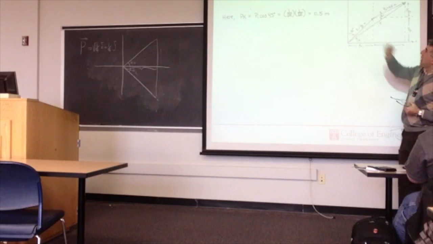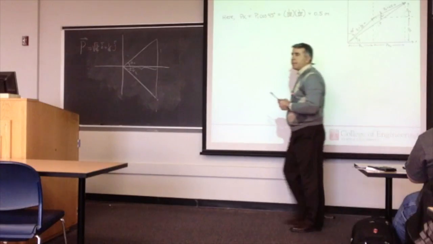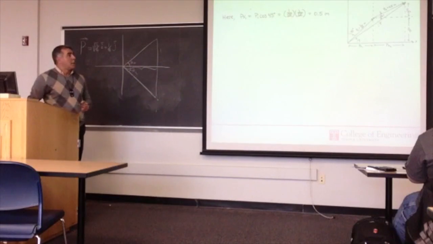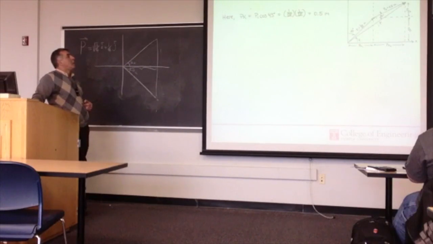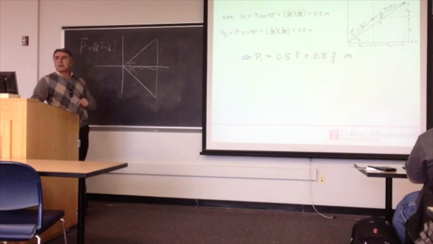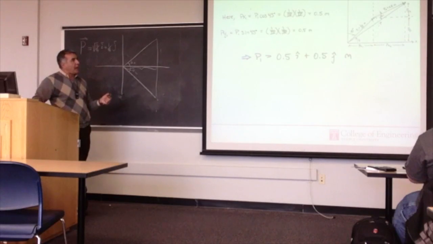So that's your px1. What about py1? Okay, so we found px1 and py1. So this is your first vector: half i plus half j meters.